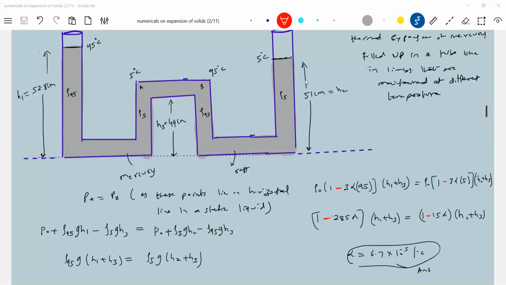Gamma equal to 3 alpha? I should write gamma, no? 1 minus. Volume expansion should be equal to 3 times linear expansion.